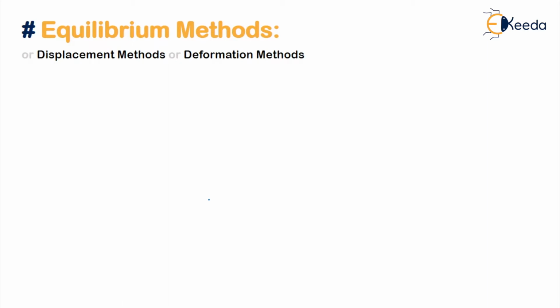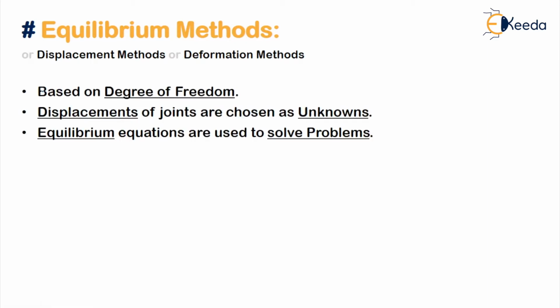Equilibrium methods, as I told you, are also known as displacement methods or deformation methods. Now this is a very important point. Equilibrium methods are based on your degree of freedom, DOF, that is your degree of kinematic indeterminacy. So based on DOF, all your equilibrium methods will be dependent. Now they're called displacement methods because here displacements of the joints are chosen as unknowns.